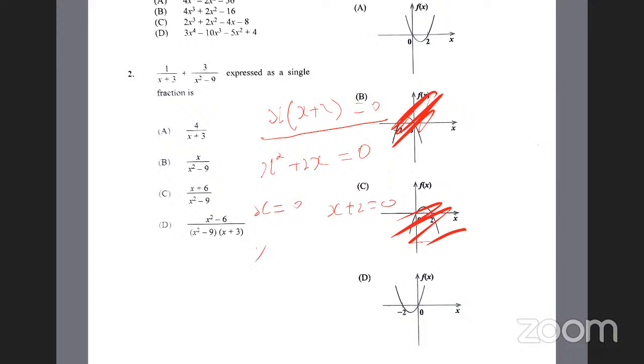So the answers will be x is 0 and x is minus 2. So the answer is 2. You have to solve the quadratic here to find where it touches the x-axis, and you have to know the shape. So the answer is 2.